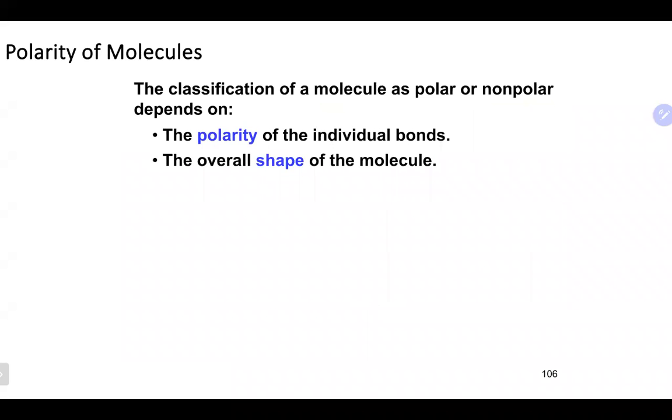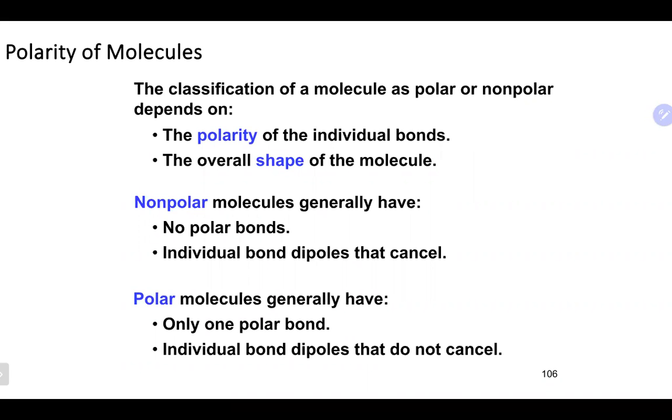All right, so let's then talk about polarity. We talked earlier about bond polarity, which uses electronegativity values, and the difference in electronegativity values, to determine whether or not a bond is polar or non-polar. Now, there's really only one place where bond polarity and molecular polarity cross over and are the same, and that is when we are dealing with diatomic molecules.